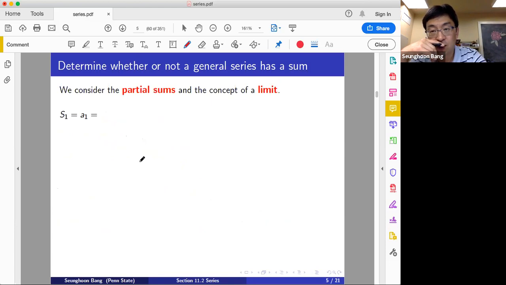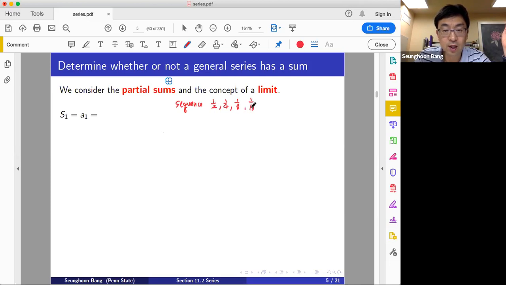Sequence and series are different. What is a sequence? A sequence is only a list of numbers. The previous example is 1 over 2, 1 over 4, 1 over 8, 1 over 16.